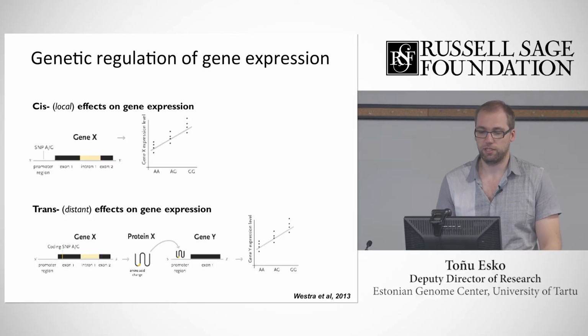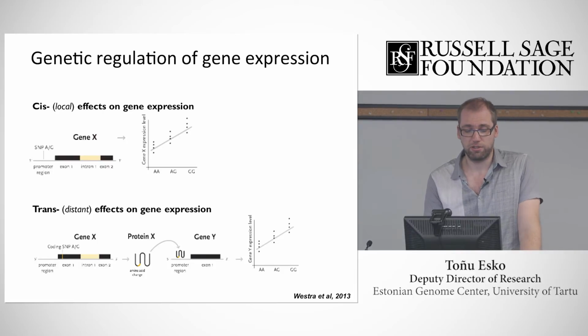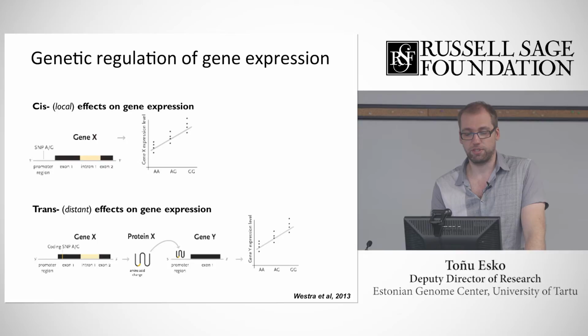And very simply to explain, what we are looking at is cis or local effects. As I mentioned, there is maybe a SNP in the regulatory region in the proximity of a gene, and then we can see a nice linear correlation between our genotype in the regulatory region and the resulting gene expression. But things get much more interesting if we look for trans or distant effects.